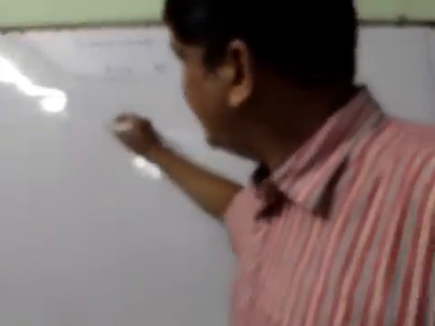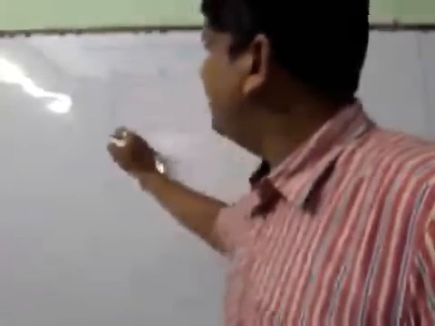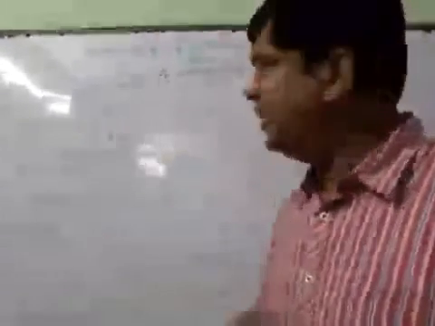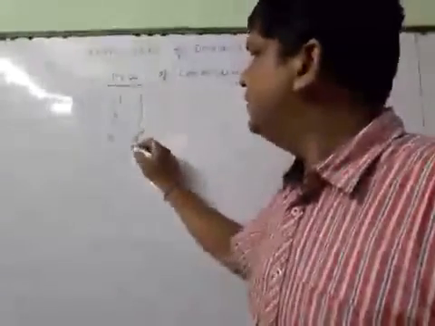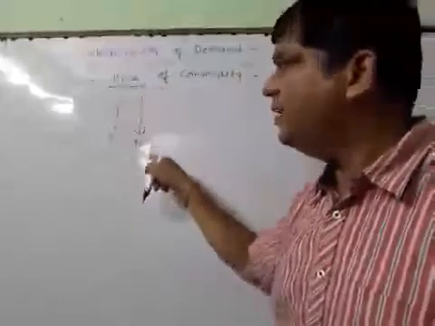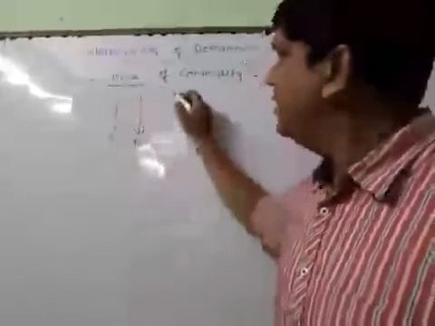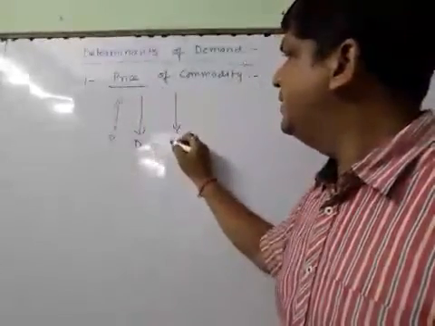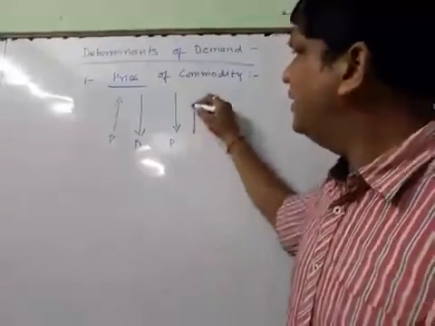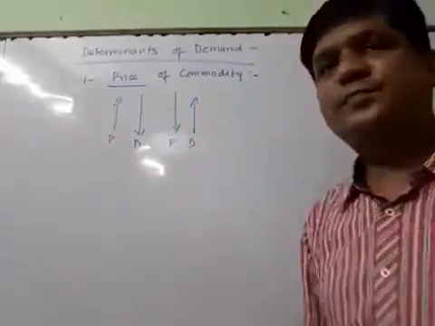Children, a rise in the price of a commodity results in a fall in demand. As the price rises, the demand decreases, and as the price falls, it results in an increase in demand.